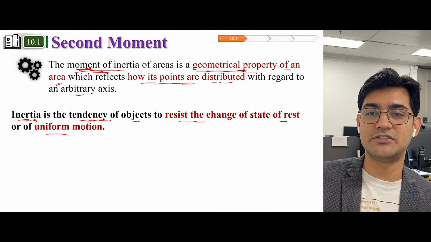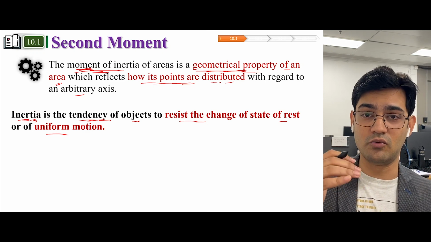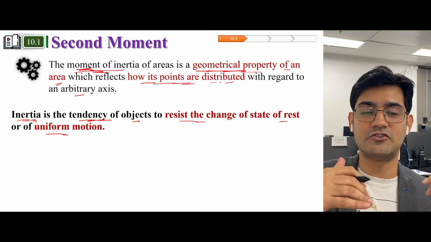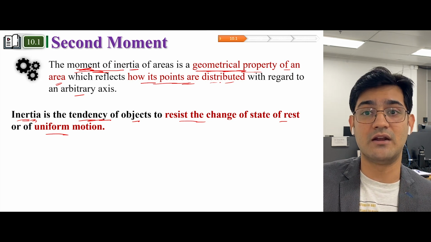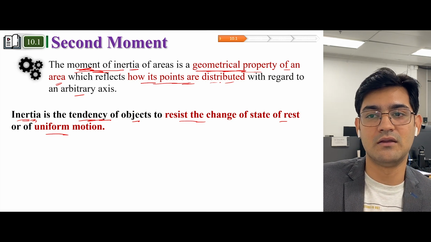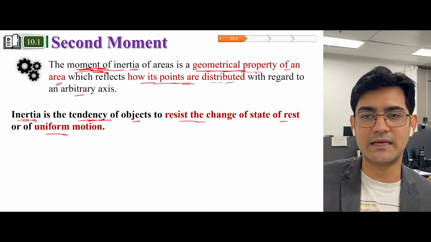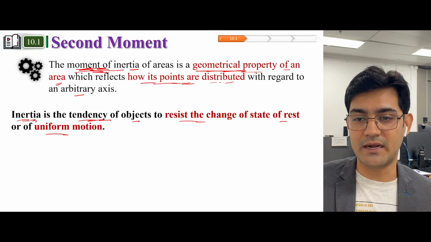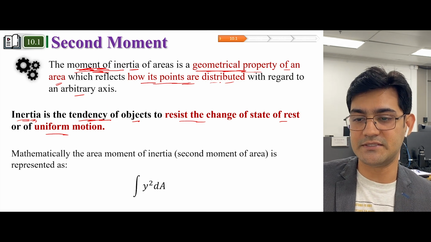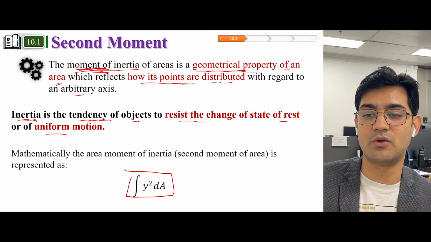So the higher the moment of inertia, the more difficult it is to apply a moment and try to bend that object. Higher moment of inertia would mean that it is difficult to bend that object. So that's how you define moment of inertia, but mathematically it is represented by this equation.